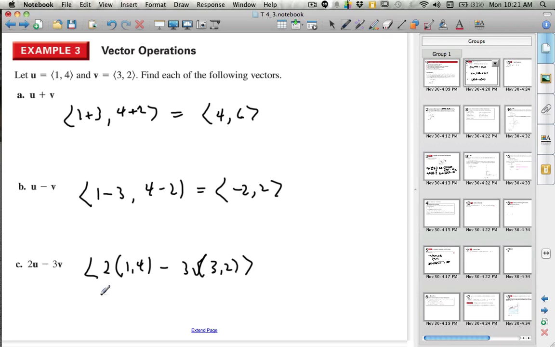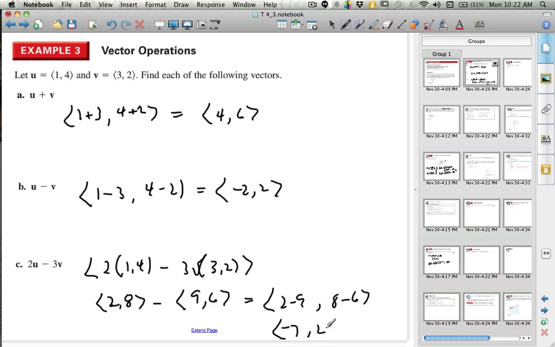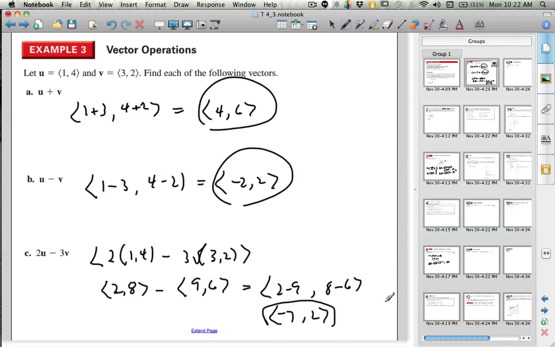So that's going to be 2, 8, minus 9, 6, which is going to be 2 minus 9, 8 minus 6, which is going to be negative 7, 2. Okay, so pretty easy stuff. And you're basically doing what's relatively intuitive in terms of adding these things together.